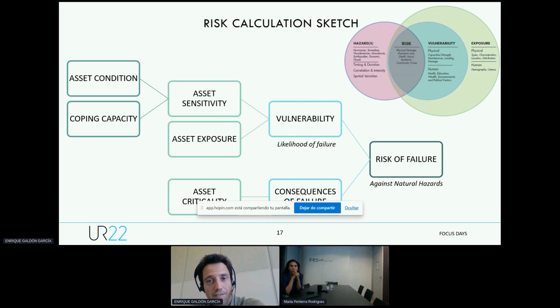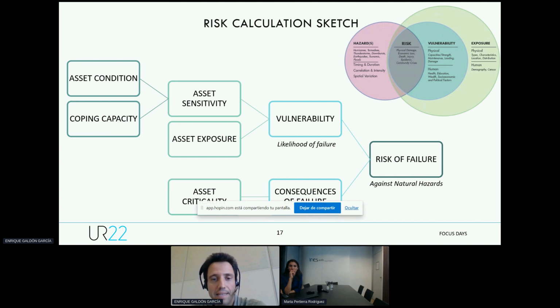This risk of failure is defined by international standards as the probability of failure times the consequences of that failure. The probability of failure is what we call vulnerability of the assets, and the consequences of failure is what we tend to call criticality.